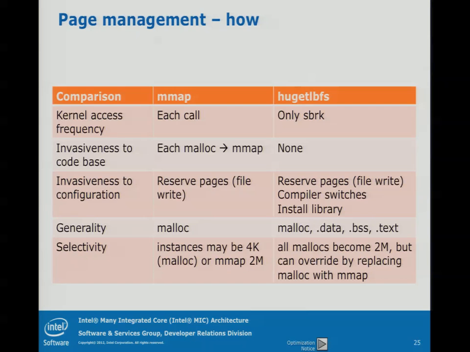So you don't control the allocation of the data segment, BSS, that's everything that is initialized statically with zeros, and the text segment, which is your program code. Since hugetlbfs basically works before your application starts already, it can control these. With memory map, you can just allocate into 2 megabyte pages what you're allocating in your code already. So when the application is already running.